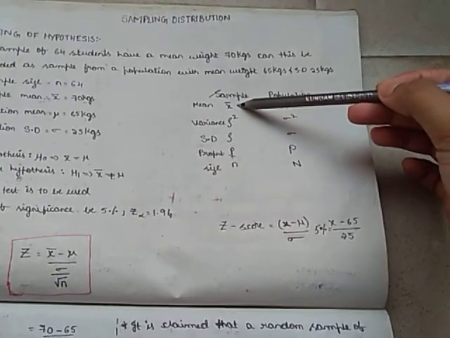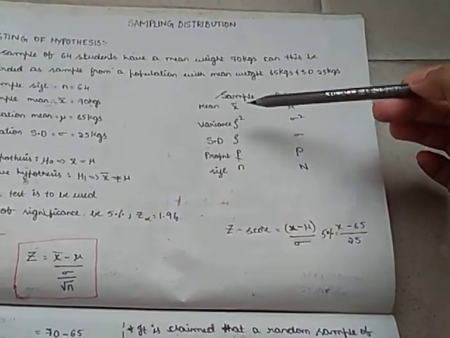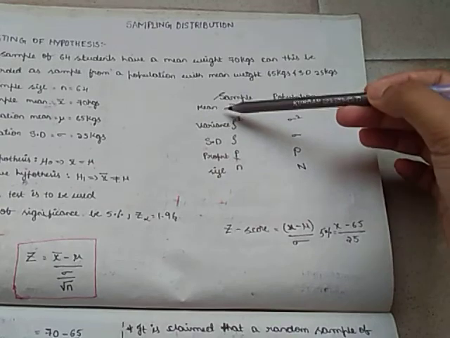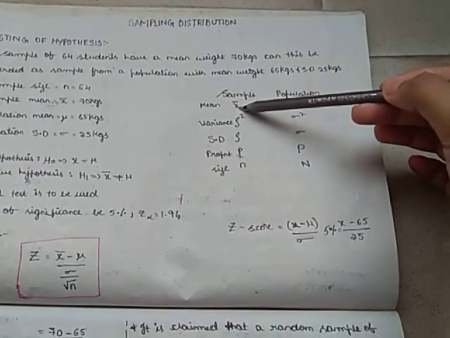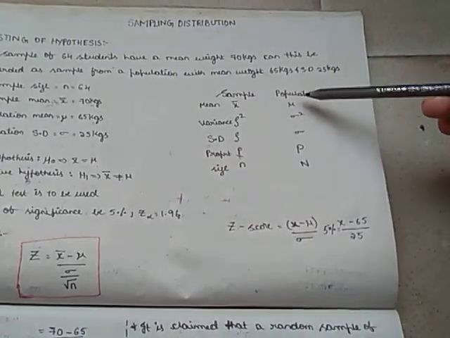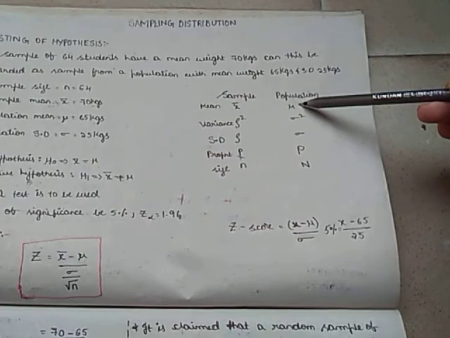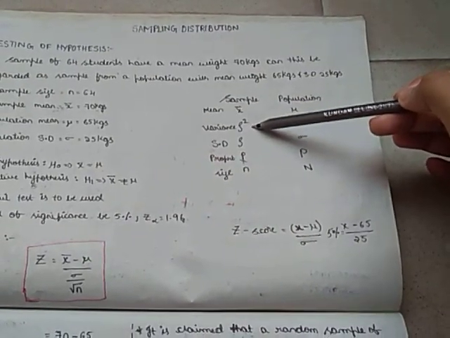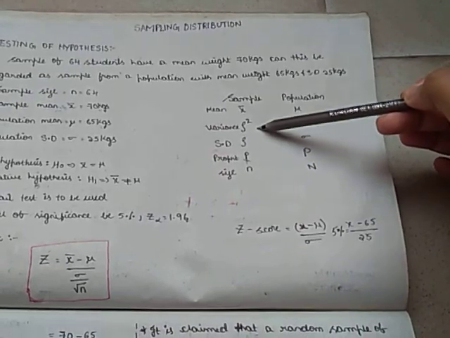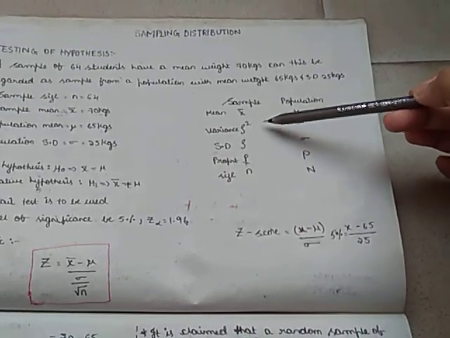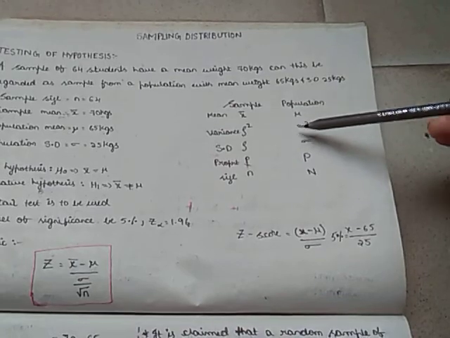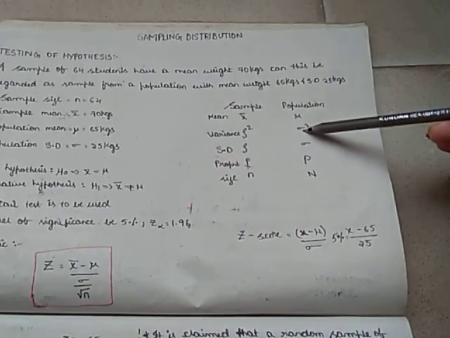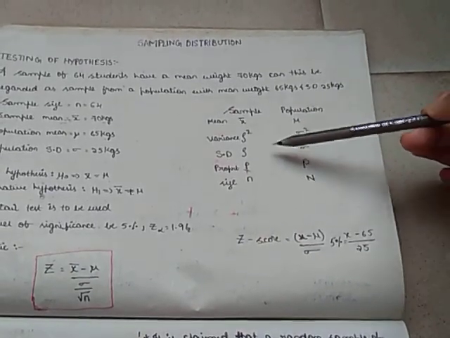Sample mean is represented with x bar. In population we represent mean as mu. In sample we represent variance as s square or rho square; we can represent either. In population, variance is denoted by sigma square.